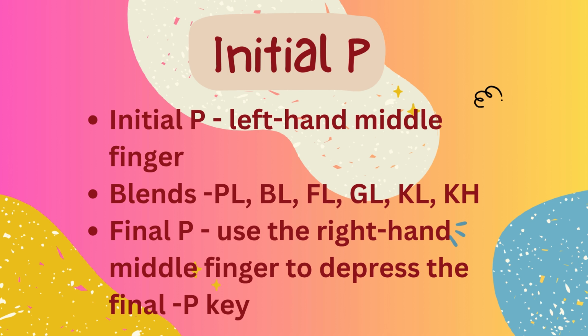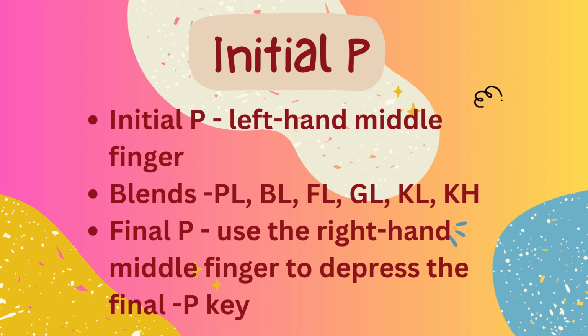Then BL or initial BL. So you put your left middle finger on the crack, that's initial P and W, and then initial L is initial H and R. So still on the crack, using your left middle and index finger, put it on the crack, and that's initial BL.